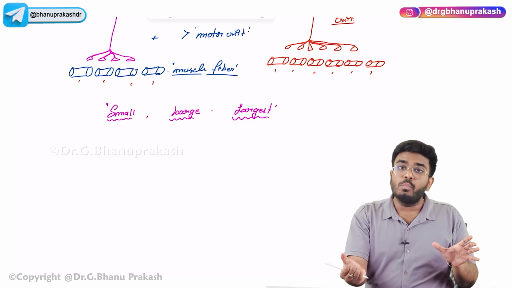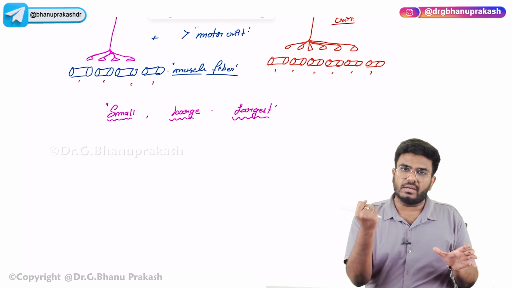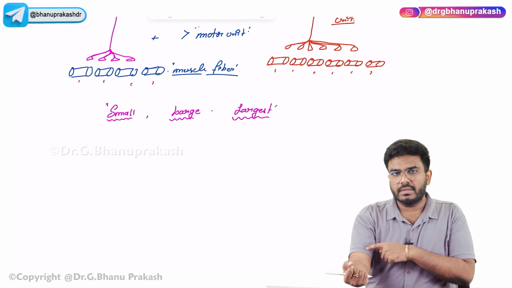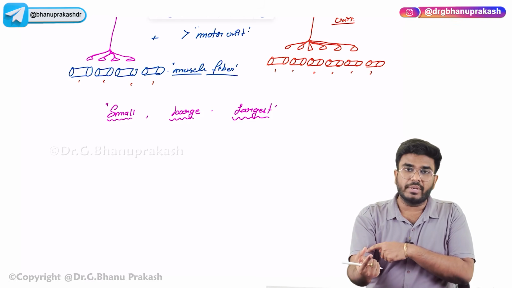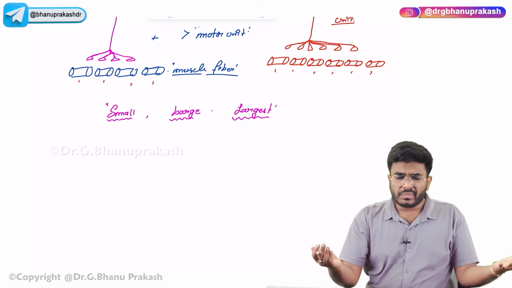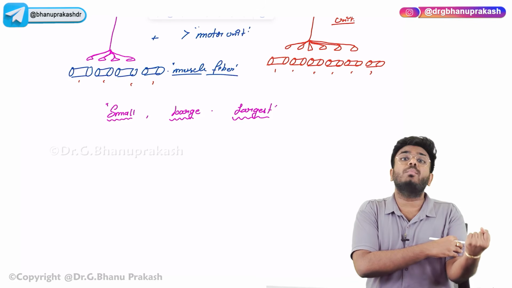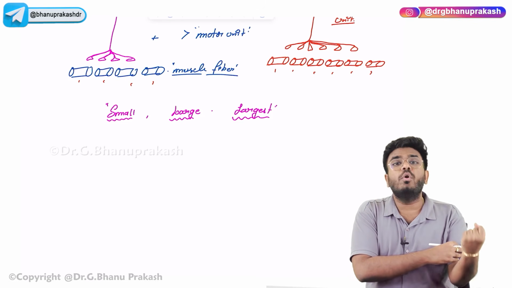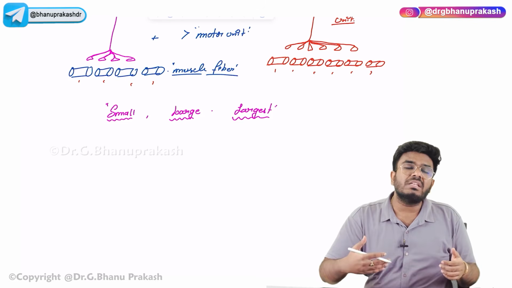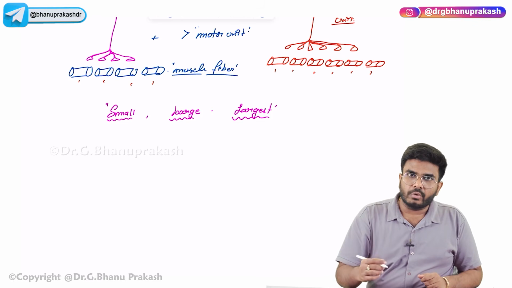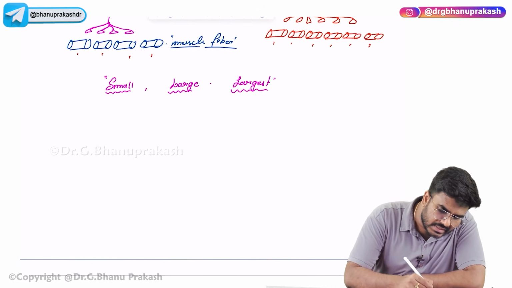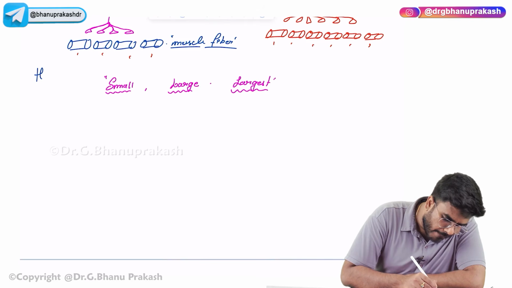And if I want to do more work, for example, I want to lift a dumbbell, more motor units will be recruited, large motor units will be recruited. And if I want to hold, for example, a 50 kilo thing, which is impossible, my muscles need to contract more, they have to generate more force, so larger motor units will be recruited according to Henneman's principle.